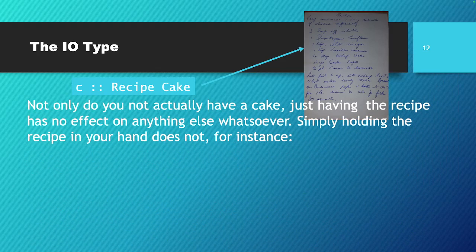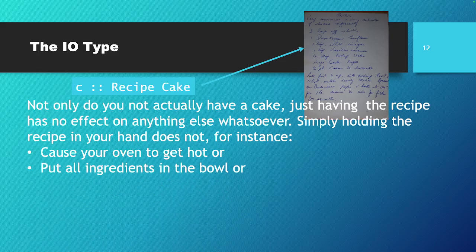You don't have the cake, but just having the recipe has no effect on anything else. It's sitting there, right? In the same way as before you call a read line or something like that, it's not going to have any effect. It doesn't cause the oven to get hot, put all the ingredients in the bowl, or mix the ingredients.